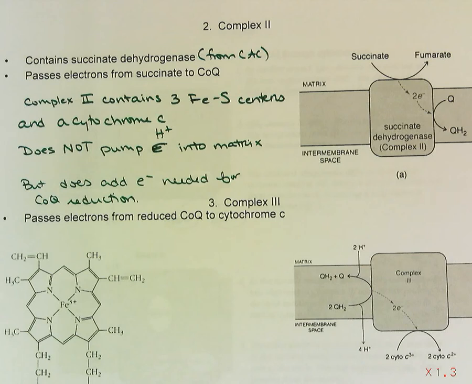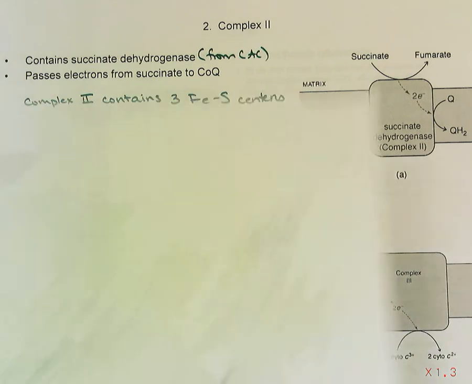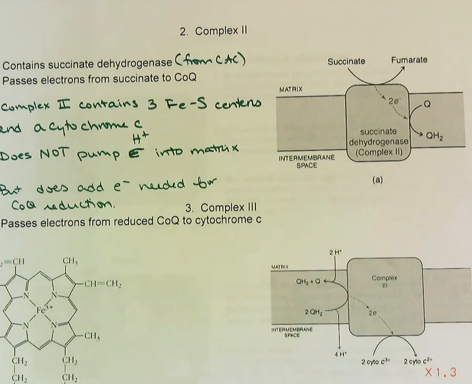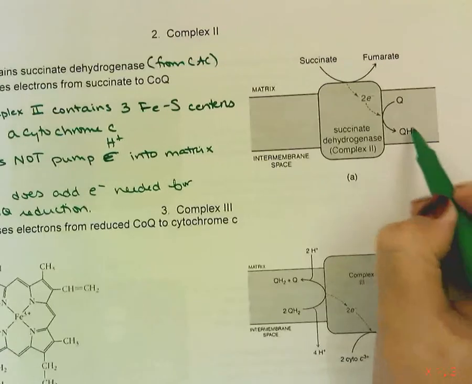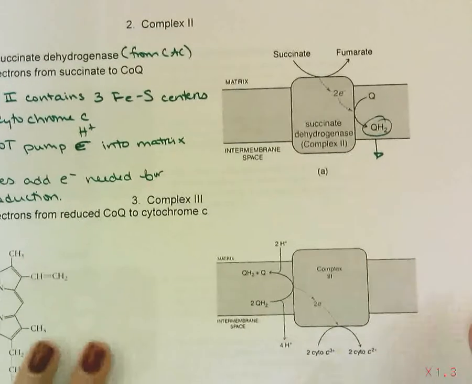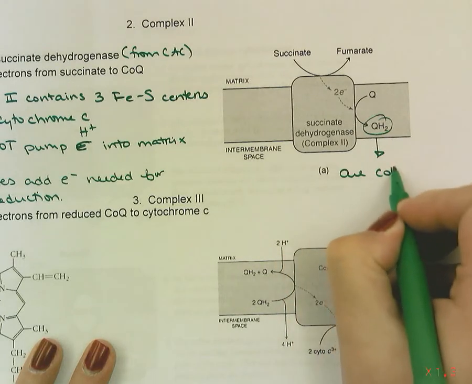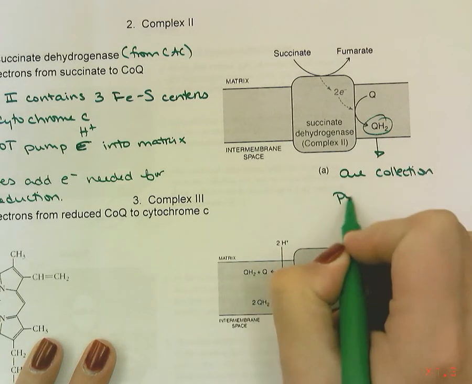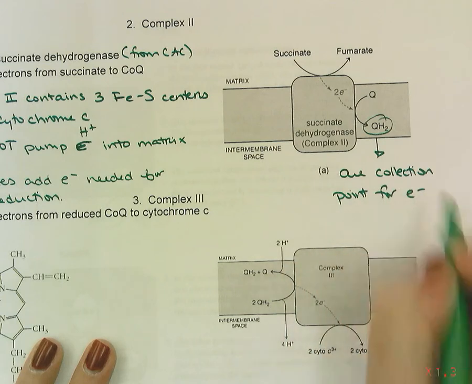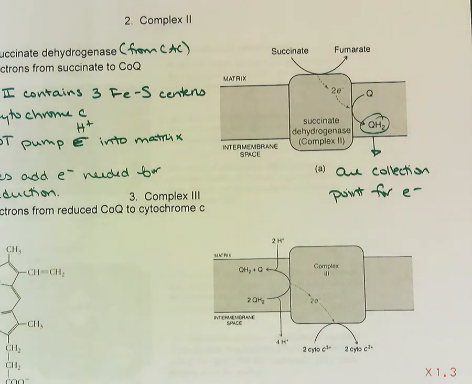All right, so, right, we don't go complex 1 to complex 2, we go 1 to 3 or 2 to 3. And so at the end of complex 1, right, we had made a QH2, and at the end of complex 2, we've made a QH2. So these QH2s, they're a collection point for electrons.